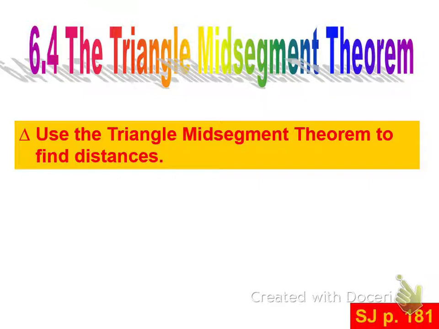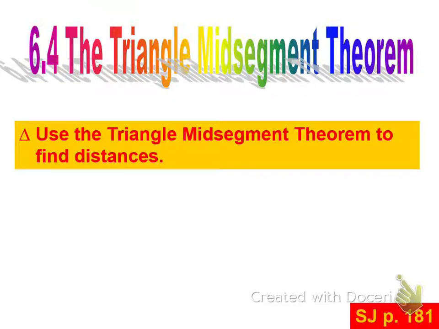Circumcenter. A circumcenter is formed by? Josh. Perpendicular bisectors. So in the first column, the point of concurrency is the circumcenter, and it is formed by perpendicular bisectors.